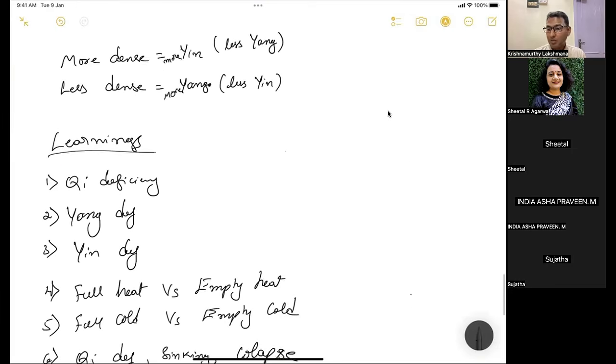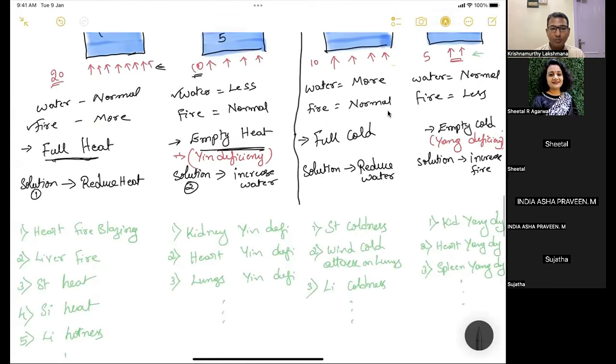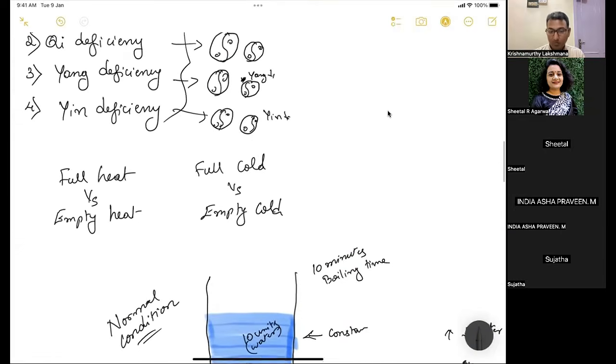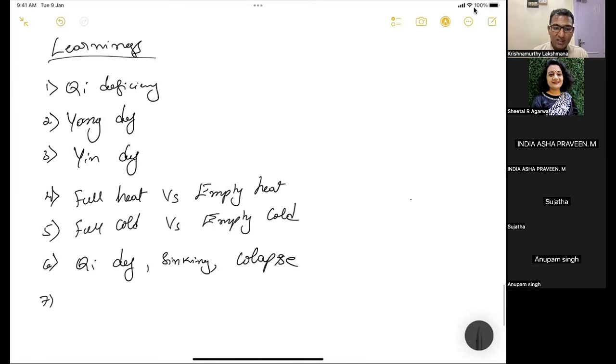What else did we learn? So you were talking about excess qi, no, sir? Excess qi. What about excess qi, how do you understand it? I mean, heat is also more.